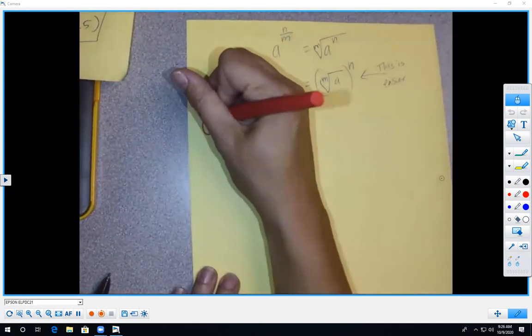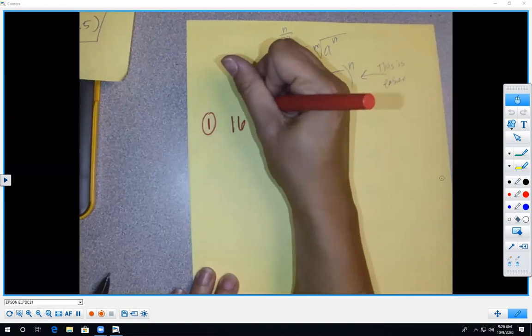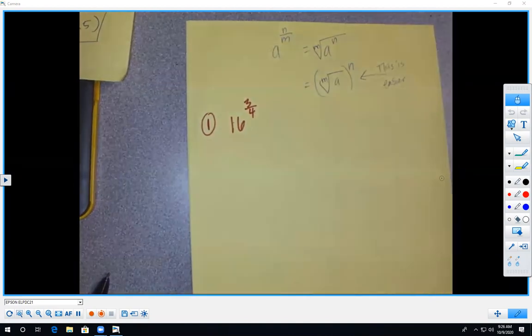Okay, so let's do 16 to the 3/4 power. What's the power that I'm raising that to? The 3rd power. And what's the root that I'm taking of that? The fourth root.